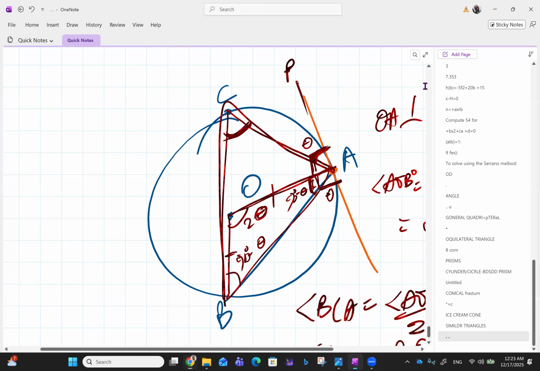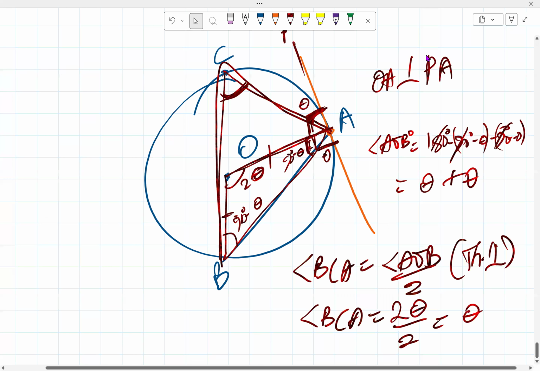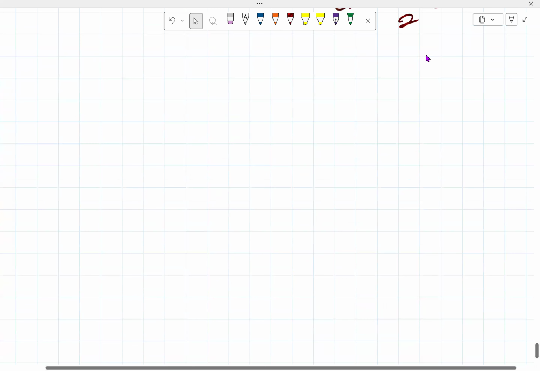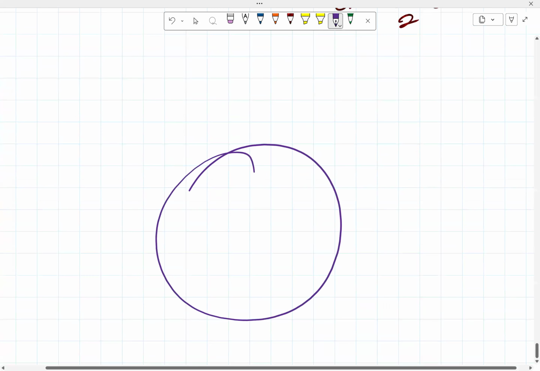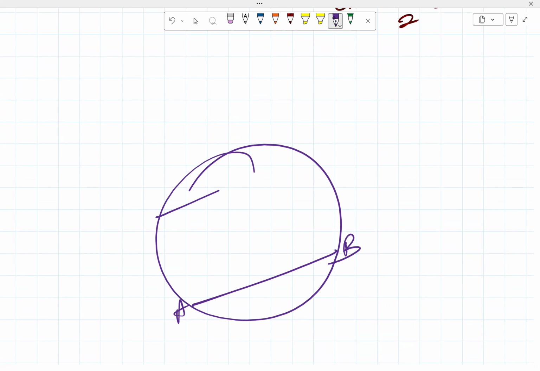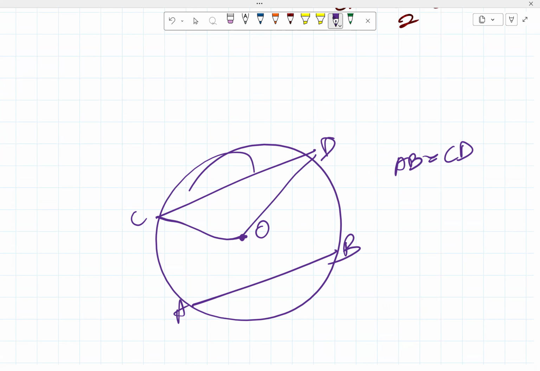Imagine this now. Equal chords subtend equal angles, and that's easy to comprehend. Imagine you have this chord AB and another chord CD, and we're saying that AB is equal to CD as the chord. So this is center O. Imagine if you draw this line, bring this and pull this.